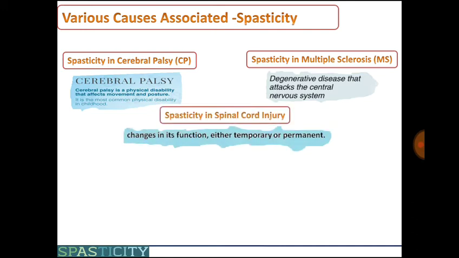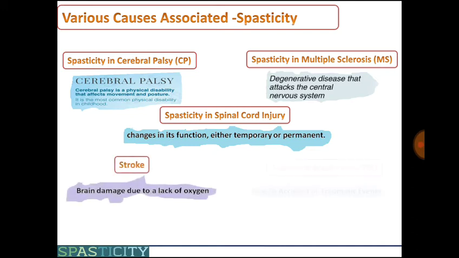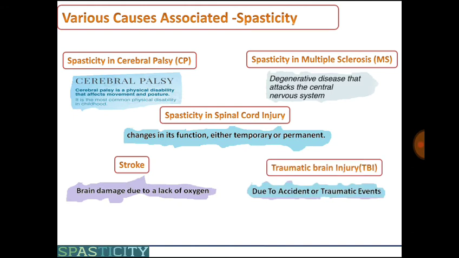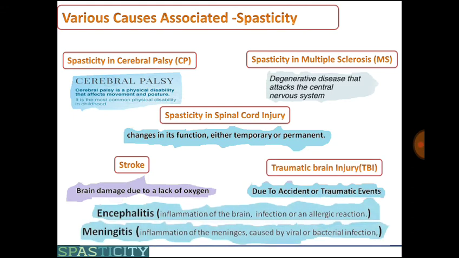Apart from this, spinal cord injury, stroke, and traumatic brain injury are also causes for spasticity. Infections like encephalitis and meningitis could be a reason where a patient develops the symptoms of spasticity.